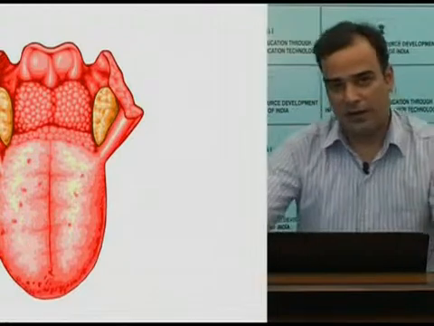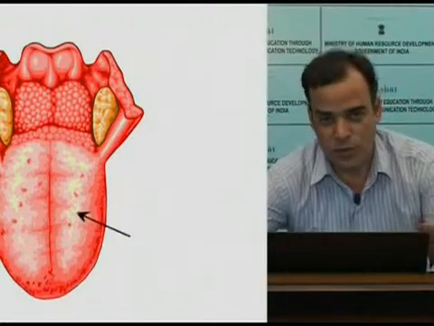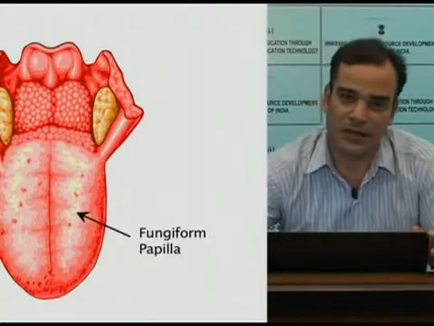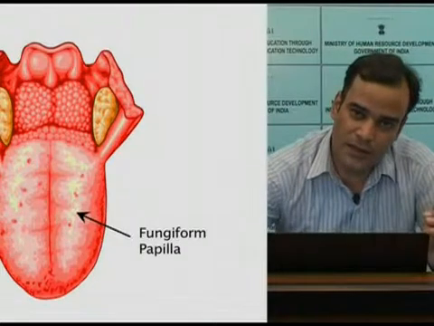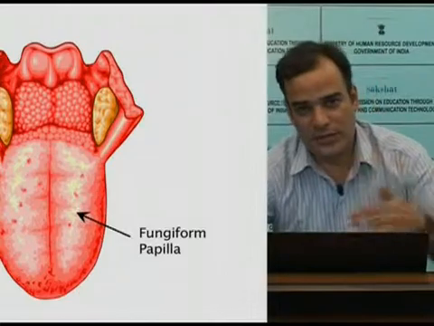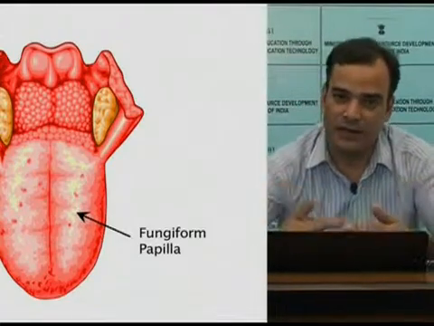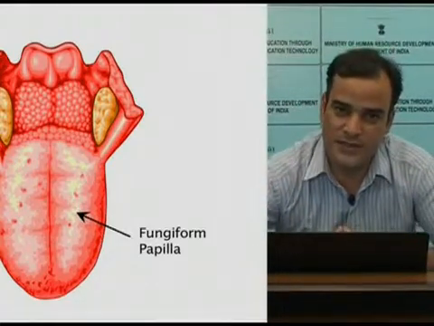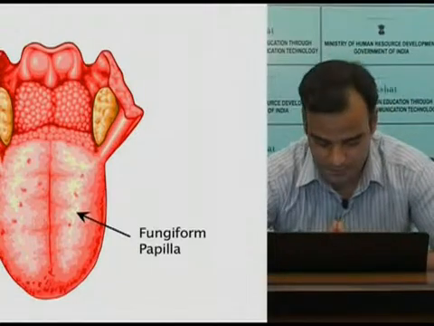Another type of papilla, which is the smallest and most numerous, is the filiform papilla. They cover the whole of the central area of the tongue, and it's because of these filiform papillae that our tongue has a characteristic velvety appearance.